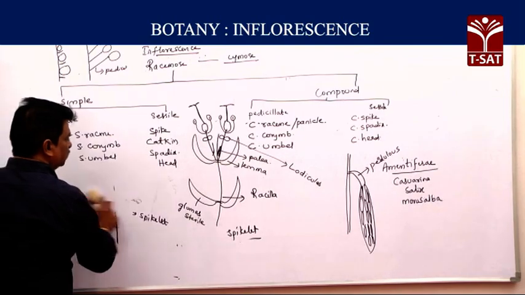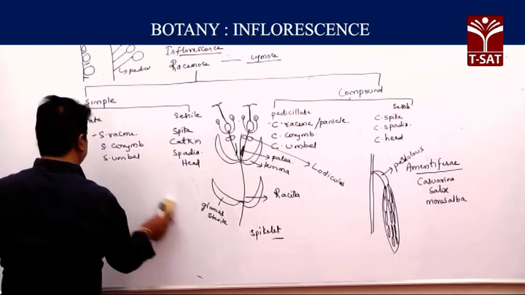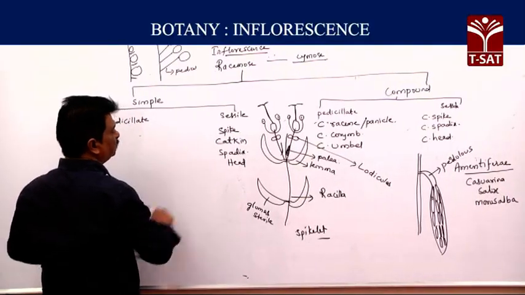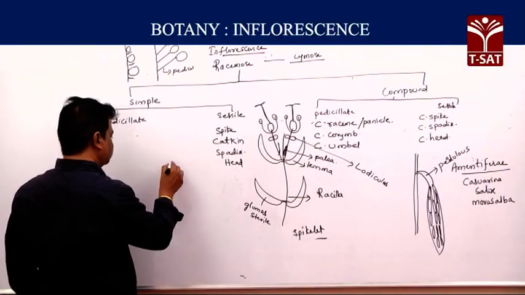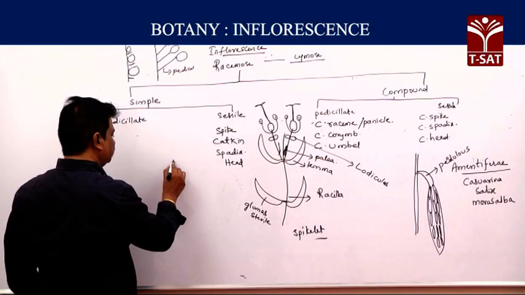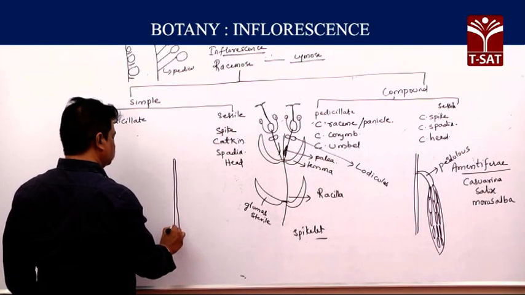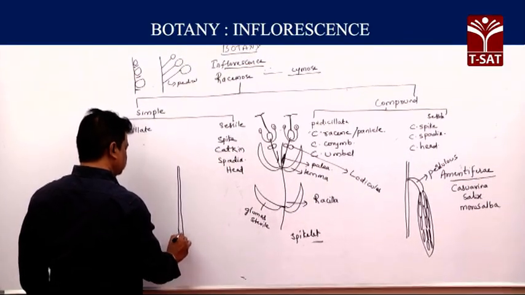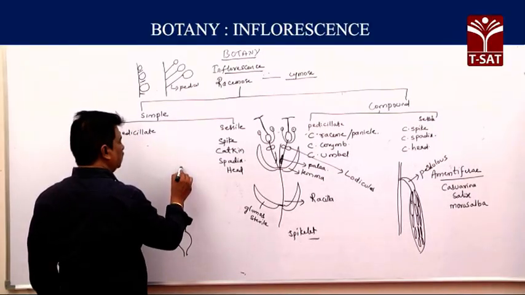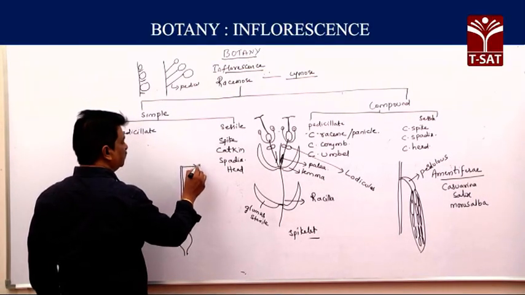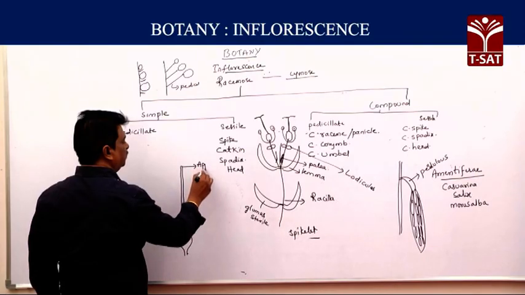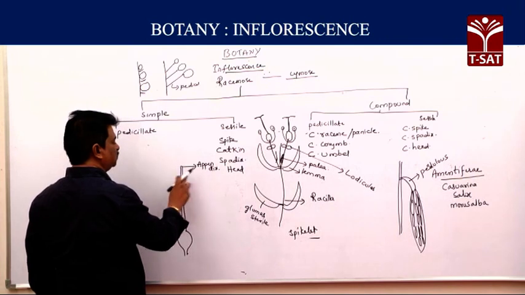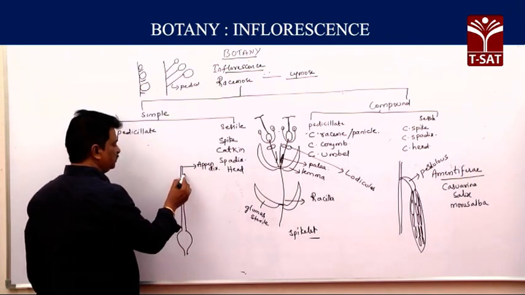Spadix inflorescence is nothing but a spike. In spadix, the peduncle is fleshy but not edible, and the tip of the peduncle is sterile, called appendix.